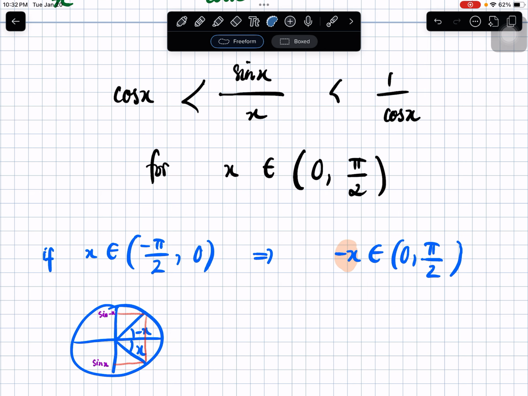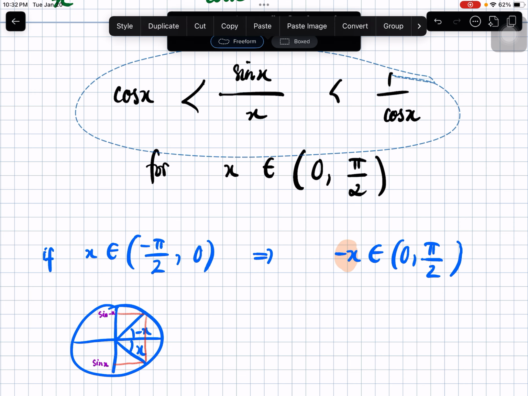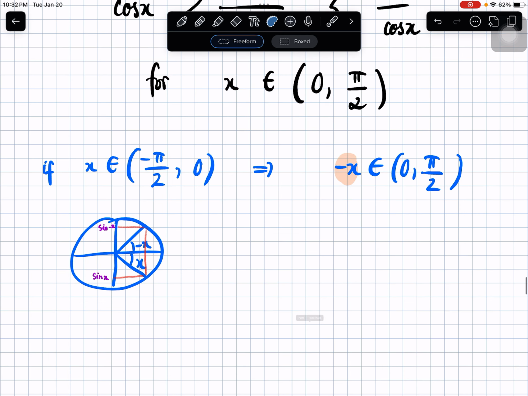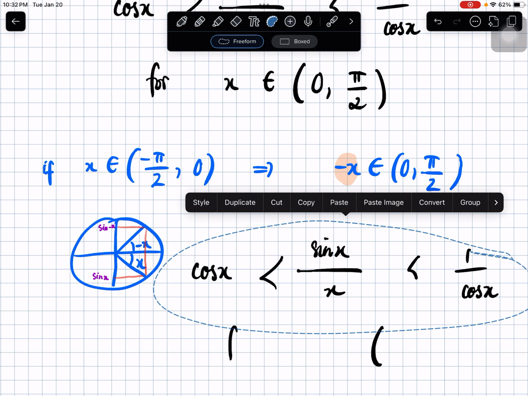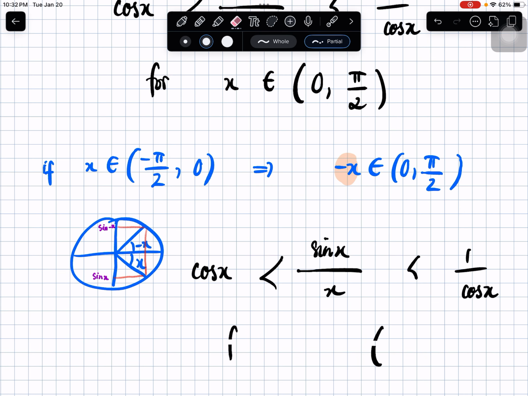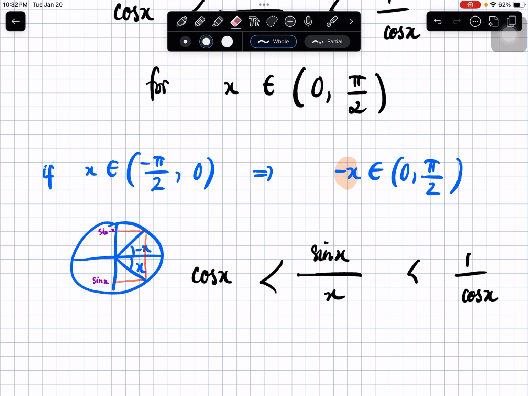So everything here should be true for minus x.